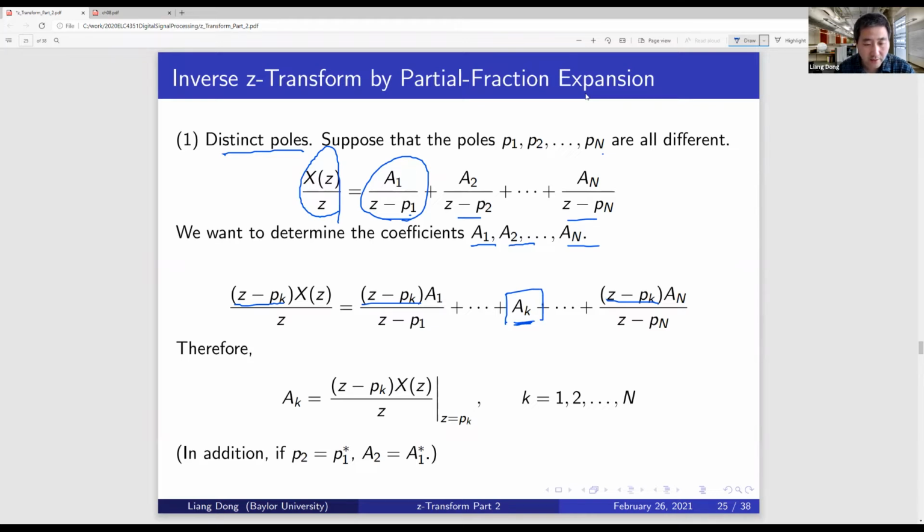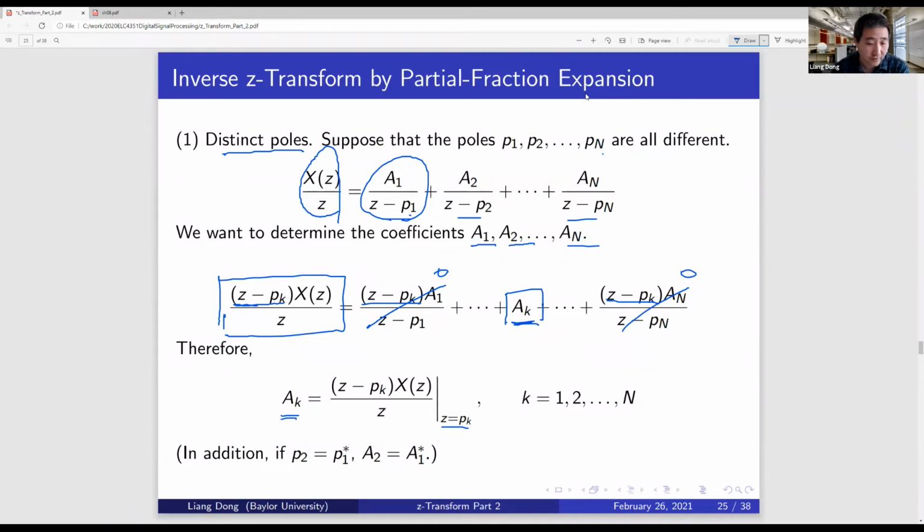If you evaluate this function, which is the original function multiplied by this factor, at a particular point, this pole, z equal to p sub k, then all these other terms cancel out. It's 0 here, 0 here, and we leave only this coefficient a sub k. Therefore, we can find a sub k here.